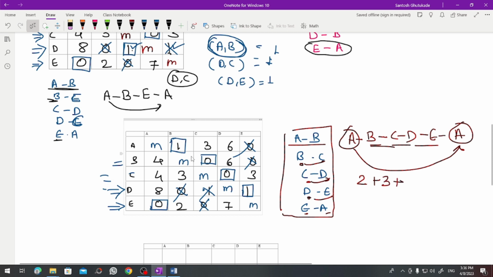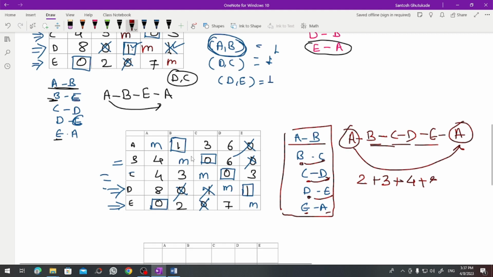Similarly, C to D the cost is 4, D to E cost is 5, and E to A the cost is 1. If we add this, it will be 15. So 15 rupees is the traveling cost for this traveling salesman problem.